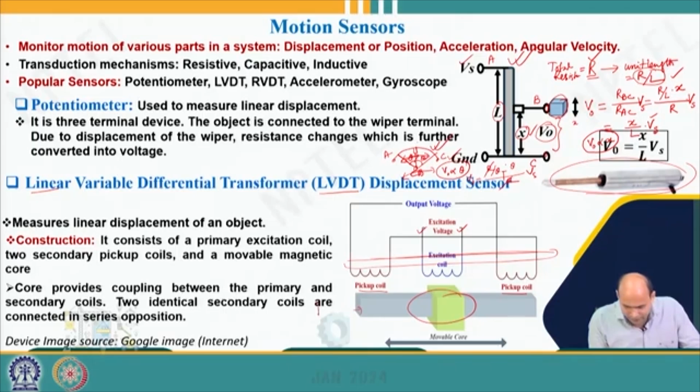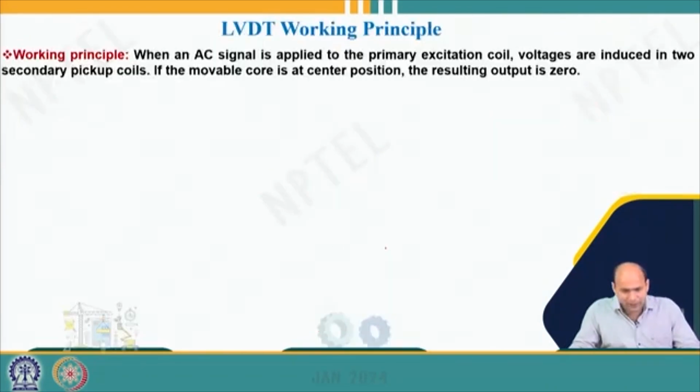So suppose here I have my movable object, then that movable object will be connected to the core, and depending on the object position or movement of the object, this core will be moving, and depending on the core position, my flux cutting or the induced voltage in the two secondary coils will vary, right? So now let us proceed further.